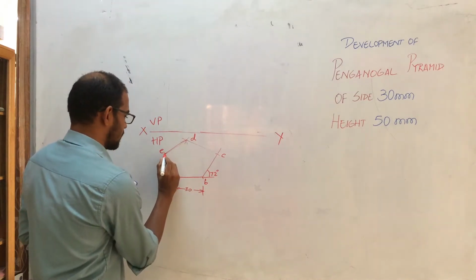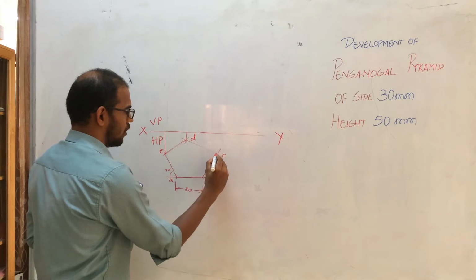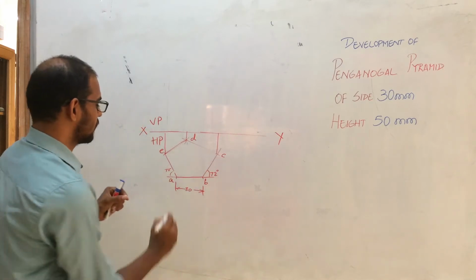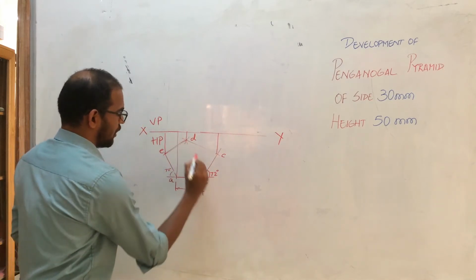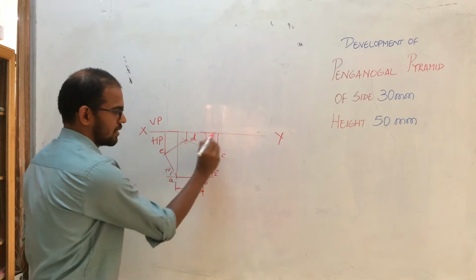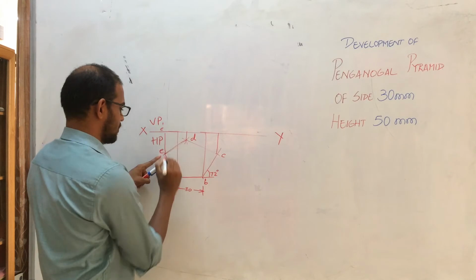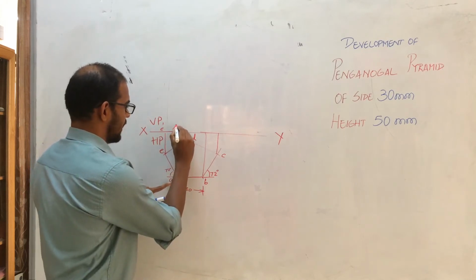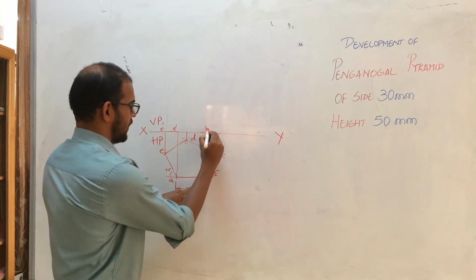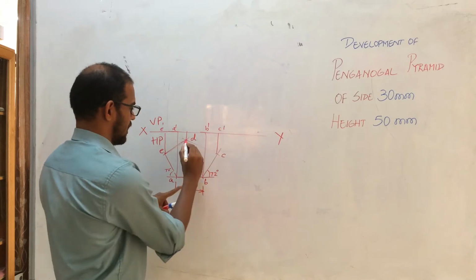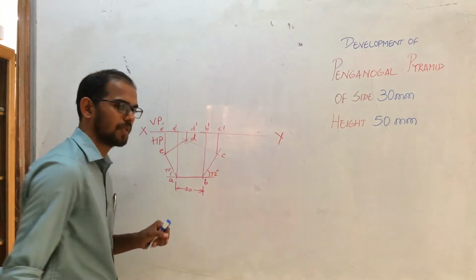If I project these points to the vertical plane or to the XY line, they will meet somewhere here. These are the points. This is E dash, this point is A dash, this is B dash, this is C dash, and this one is D dash.